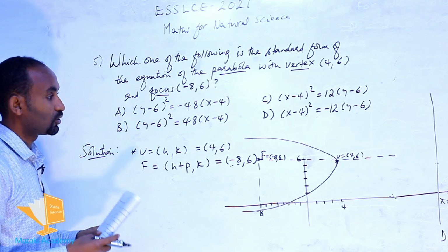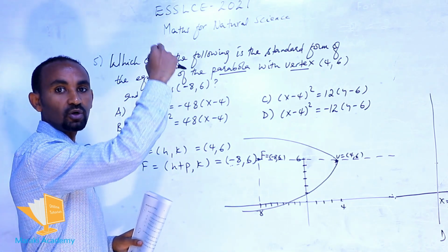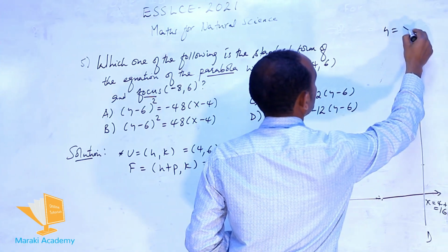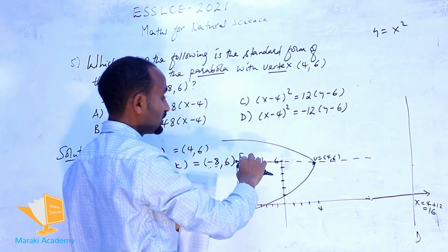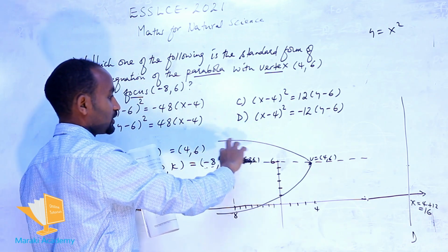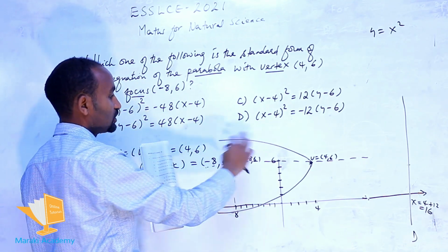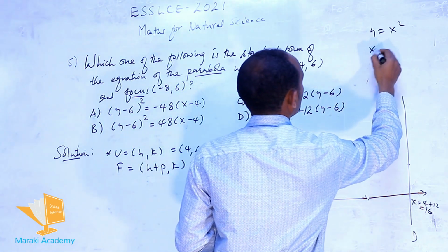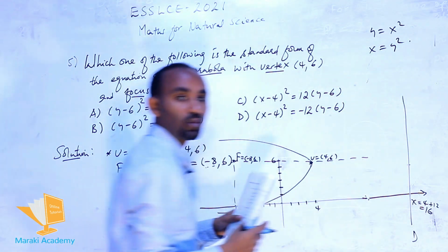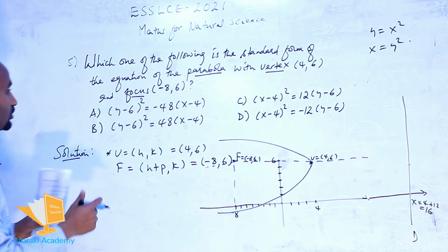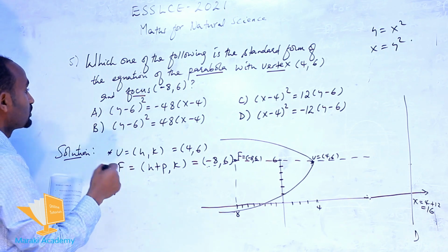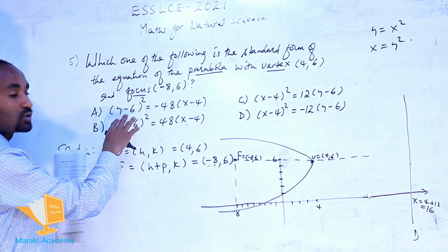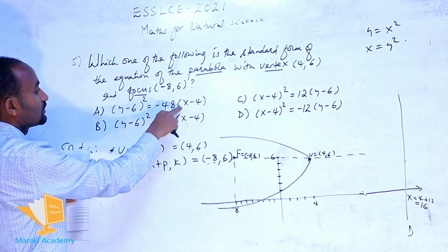In the first place, as you know, the usual upward parabola has a structure y equal to x squared. But this one is a horizontal parabola, which opens towards the left, okay. So it's something like x equal to y squared rather than y equal to x squared, right? So among these choices, this y minus 6 squared is somehow logical because we are squaring y.